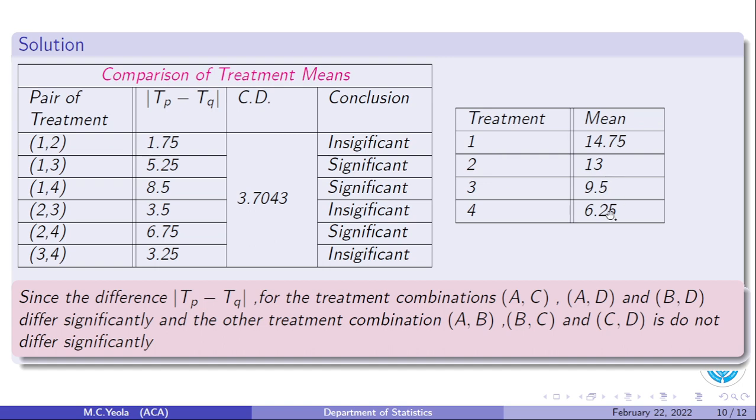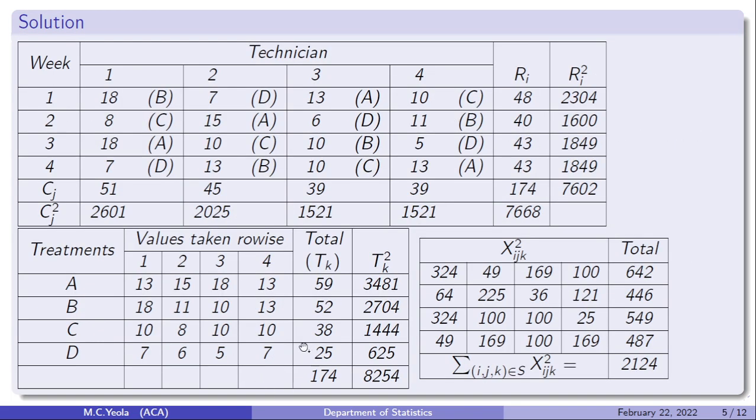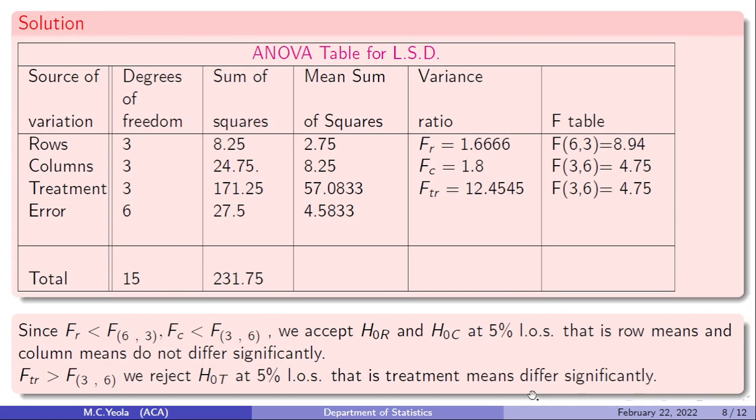Their corresponding means are 14.75, 13, 9.5 and 9.25. How do we get these values? From this we have the treatment totals here. We divide these totals by 4, because the number of observations per treatment is 4, and we get these values here.